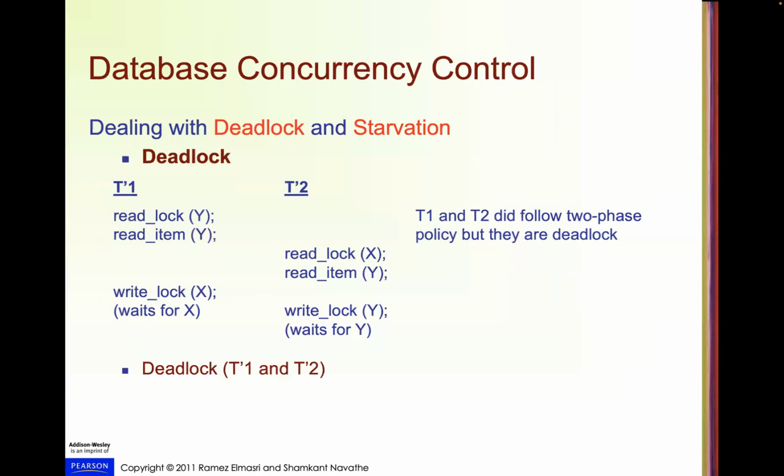Now let us see how a deadlock can happen when the transactions T1 and T2 are trying to use X and Y by using one of the approaches that we discussed just now.